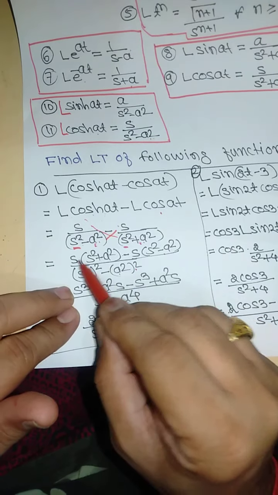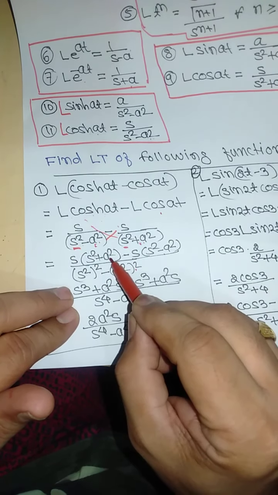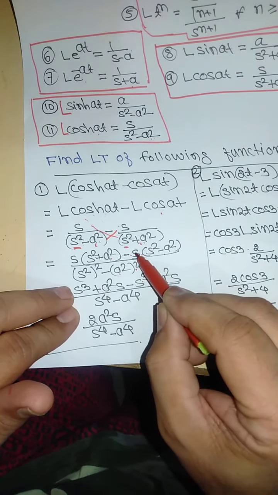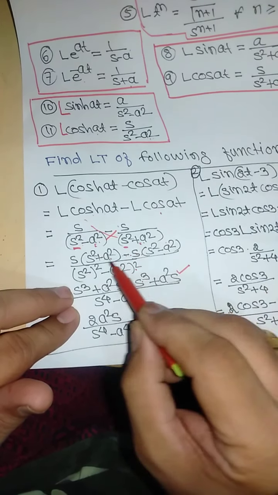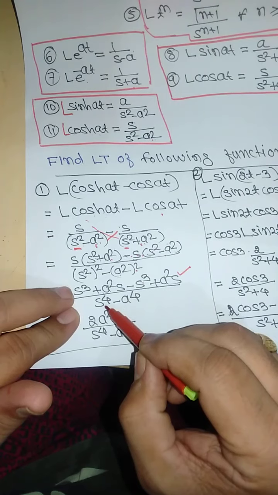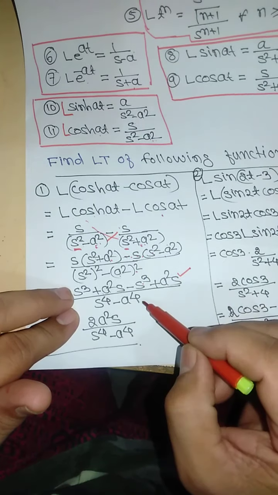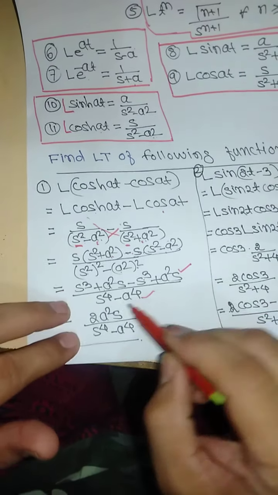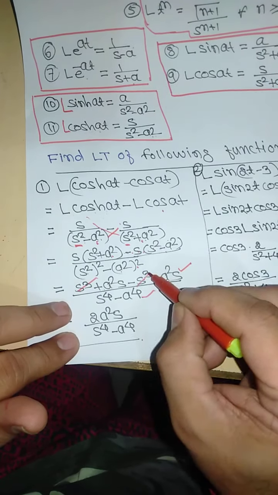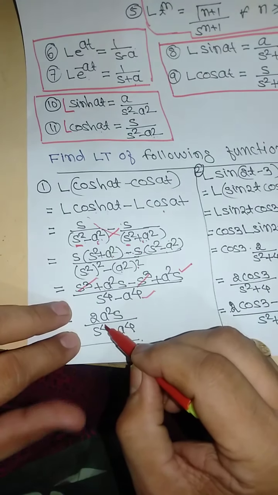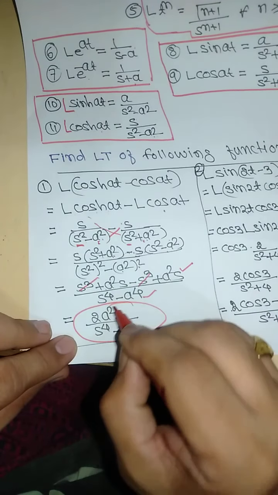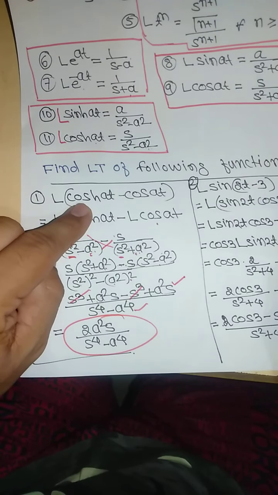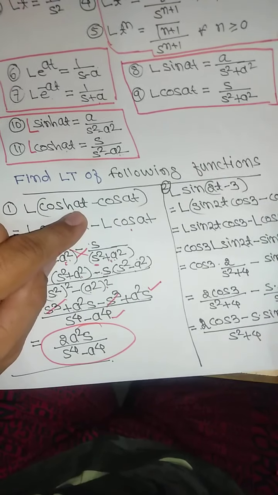Simplifying this, we get s cube plus a square s minus s cube plus a square s, that is 2a square s, upon s to the power 4 minus a to the power 4. After simplifying, this cancels, and we get 2a square upon s square minus a square. So this is the Laplace transform of cosh at minus cos at.